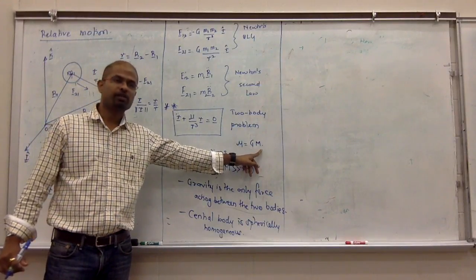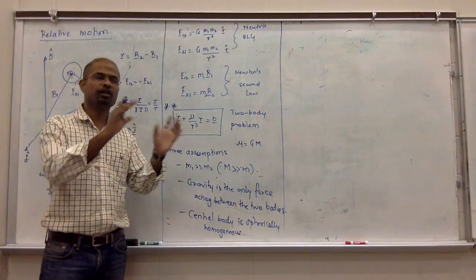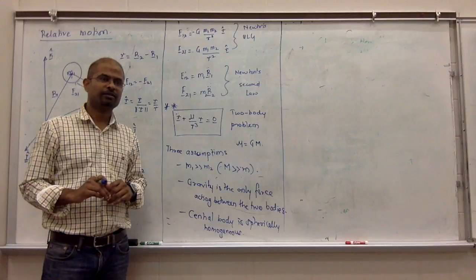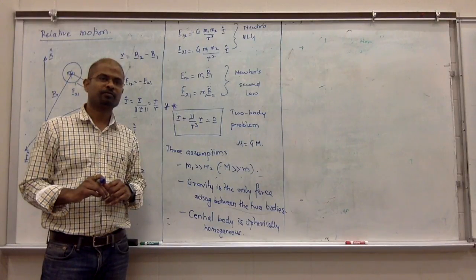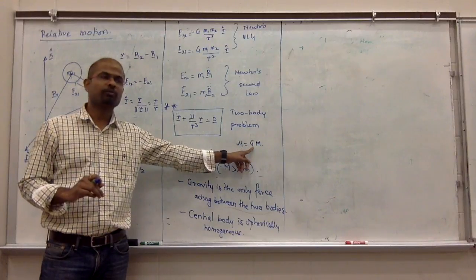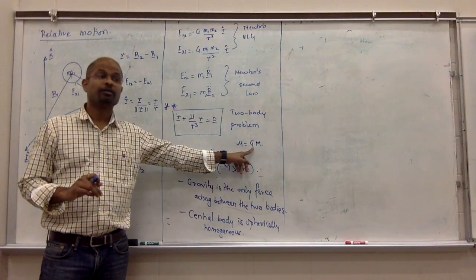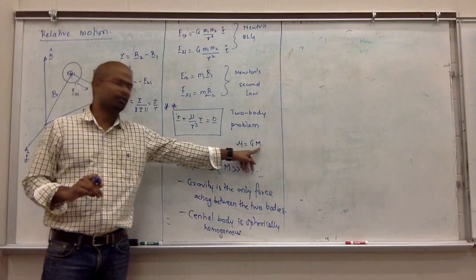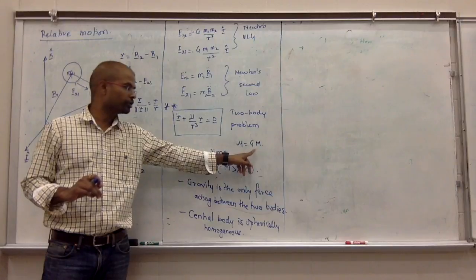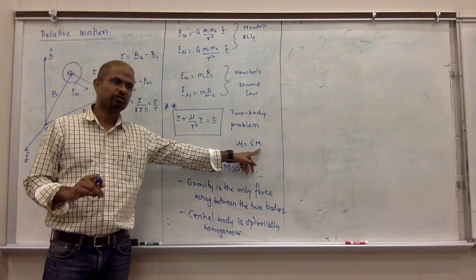This is the mass of the central body. Now think about Earth and Moon, Sun and Earth. Is this mu going to be the same or different? It is different for the Sun. So it will be Sun for Sun and planet, and for Earth and Moon, this will be Earth. Got it?